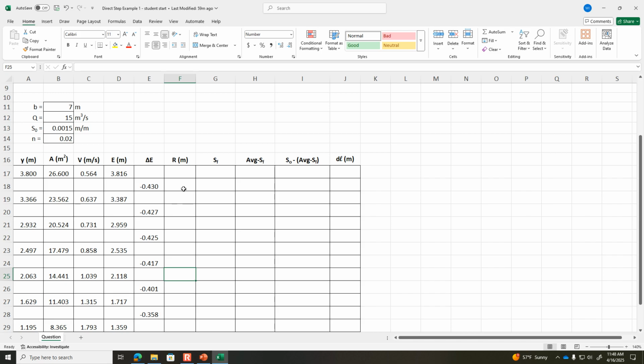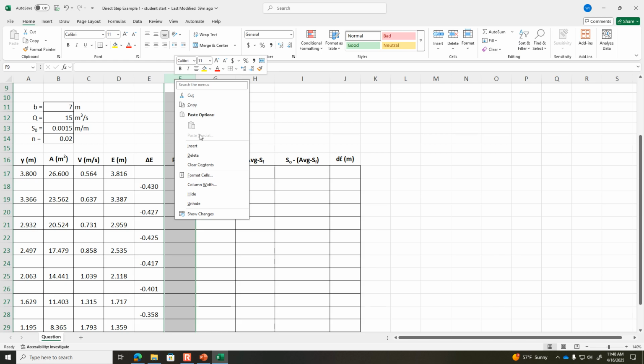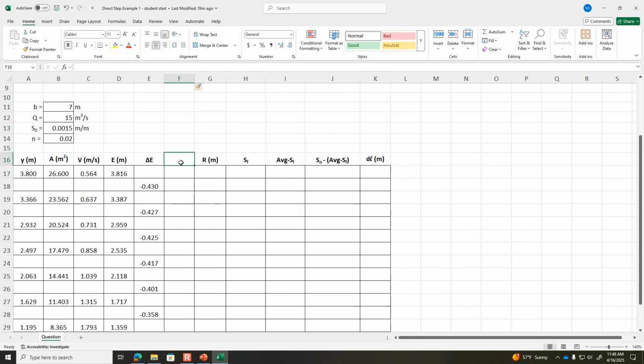Now, hydraulic radius is area divided by the wetted perimeter. I should have put in a column that had the wetted perimeter directly. I'll do that now. So here, P, the wetted perimeter, is going to be in units of meters as well. So the wetted perimeter is just the bottom width, anchor that reference, plus 2 times the depth.